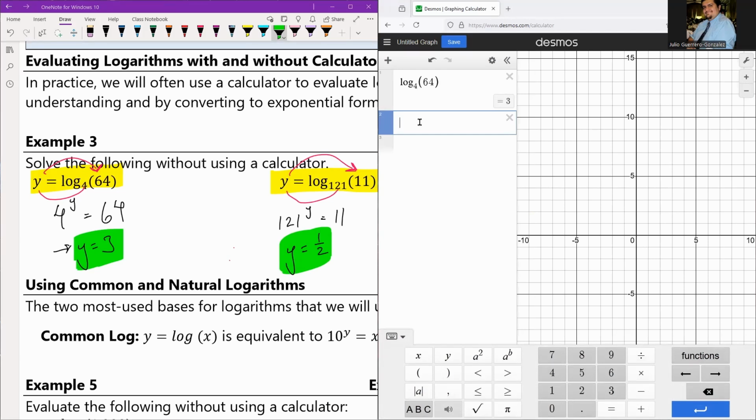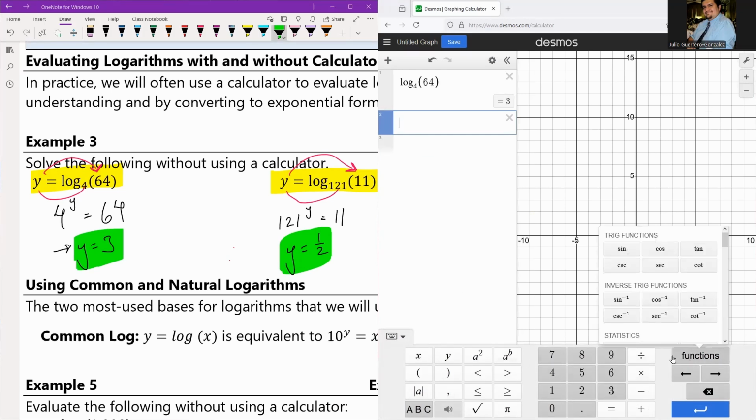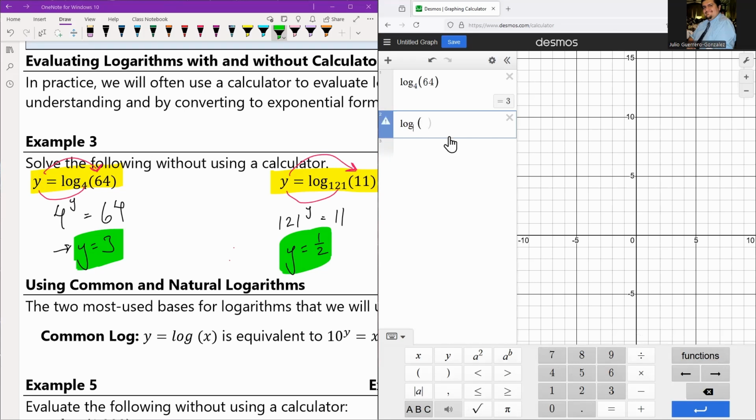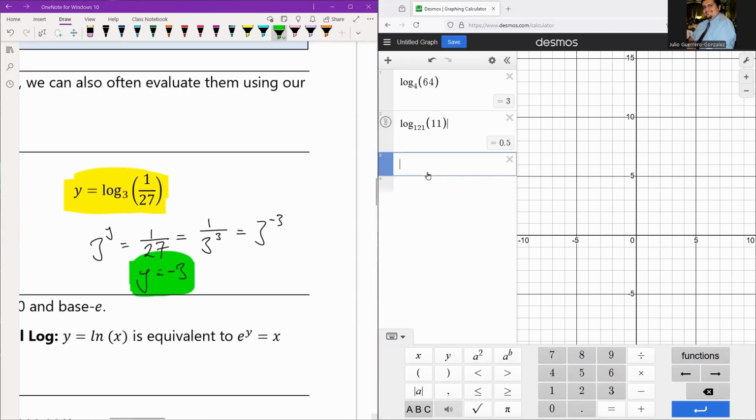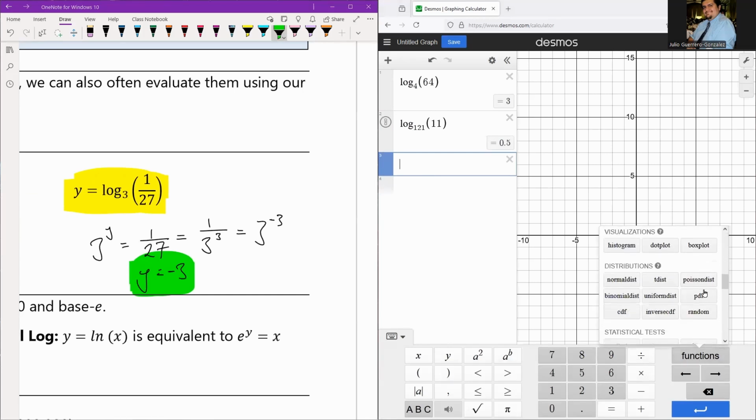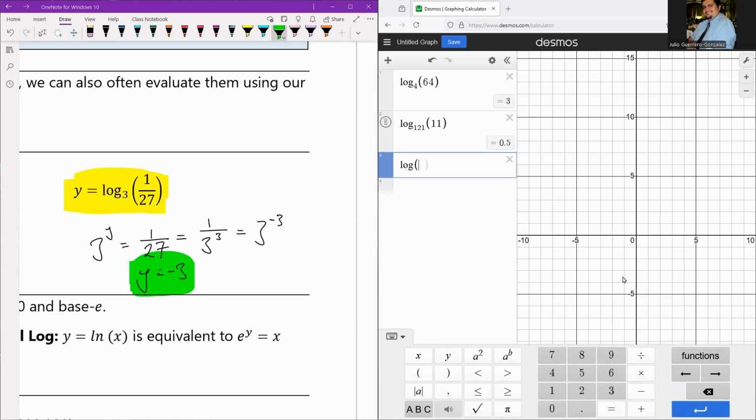Next one, same thing. So function, logarithm, where are you? There we go. Log of 121 of 11, that's 0.5, a half. Last one, function, log, wrong log.